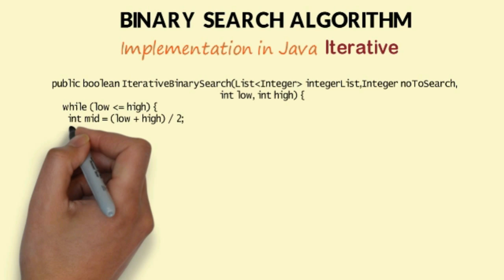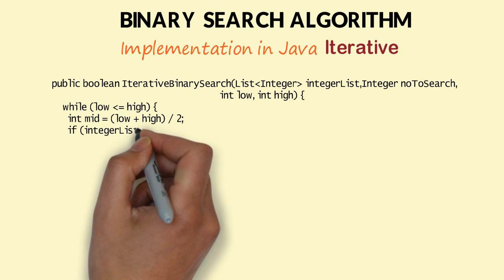An iteration in our case will be where we have a low and a high defined, and using a mid we find out whether we have found our number or we need to again move the low or the high pointer dependent on whether we have the number to be found less than mid or greater than mid. And the loop continues till low remains less than or equal to high.